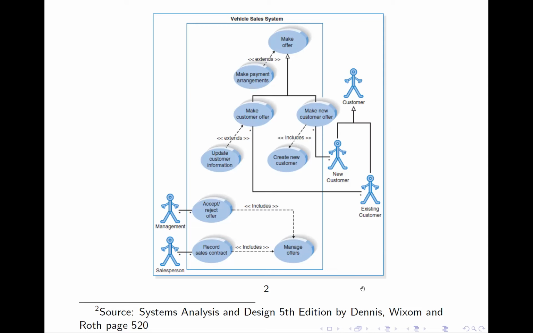In this particular case, for example, you can see make new customer offer. You have to have created a new customer, and only then you make the customer offer, and then after making the customer offer, you will have update customer information. So include and extend could also be a part of use case diagrams.